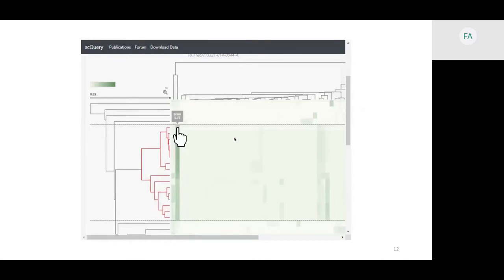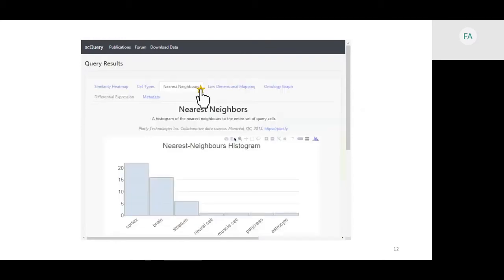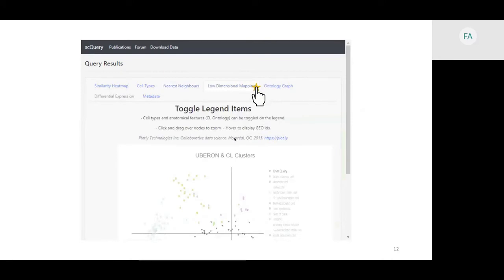And once you've selected the cluster, you can do further analysis that we make available using this global comparative analysis. So I can look at the distribution of the nearest neighbor, the top hits inside of the database for my query cells, and kind of get a picture of what the distribution looks like. And further, I can also visualize taking the reduced dimension and reducing it further into just 2D, what that looks like for my query cells against some other cell types that we have in our database.